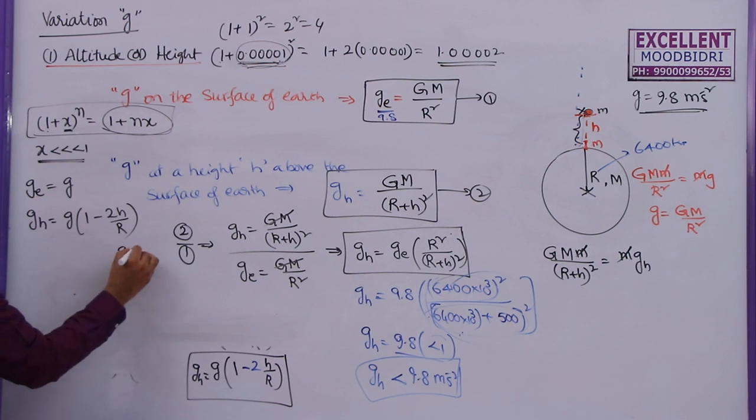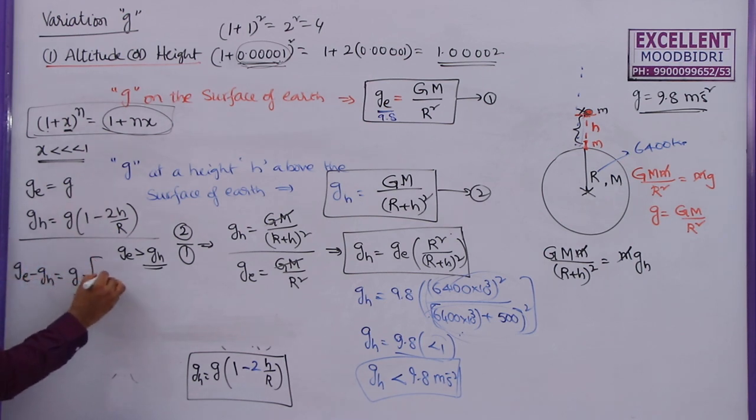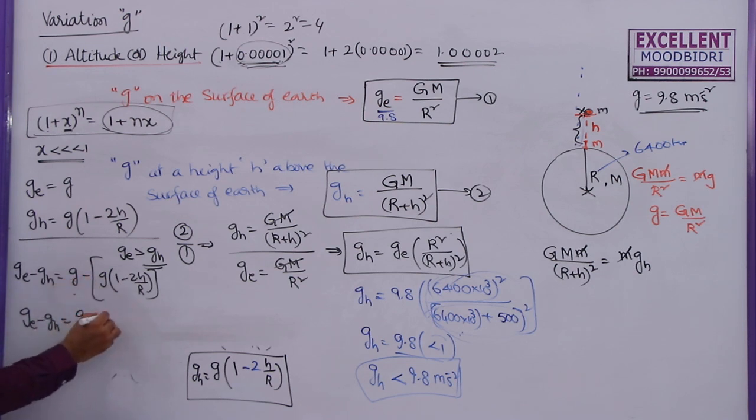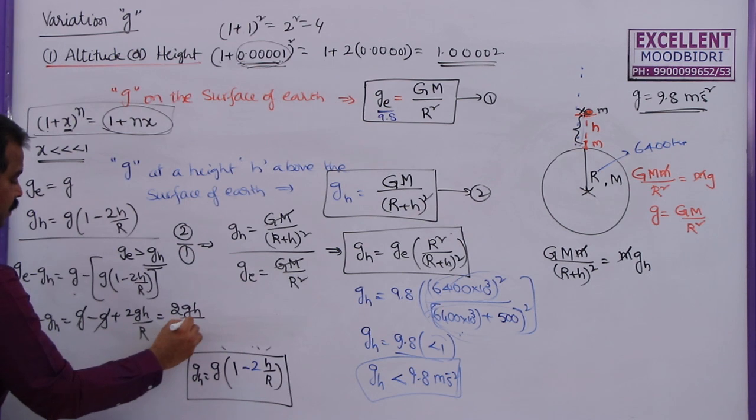So g_e is greater than g_h. Now subtract these two. g_e minus g_h is equal to g minus g of (1 minus 2h by r). So g_e minus g_h is equal to g minus g plus 2gh by r. You can cancel this and this. This value will become 2gh by r.